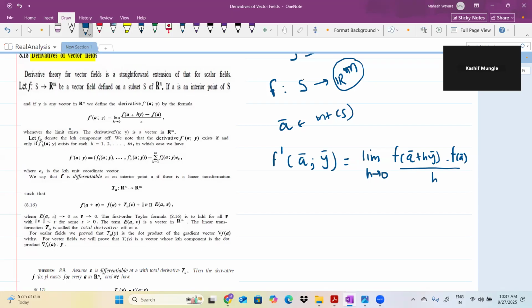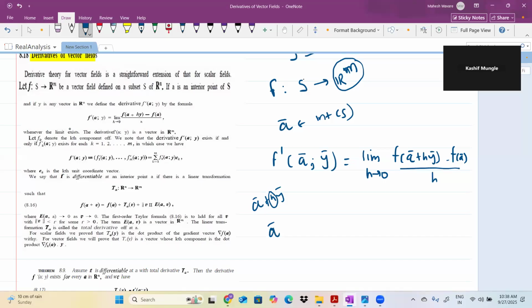And you are taking the line segment from a bar to a bar plus h y bar. So this h is a scalar and a bar plus h y bar is a vector. The f value of that difference, with respect to the change in h that you have taken.